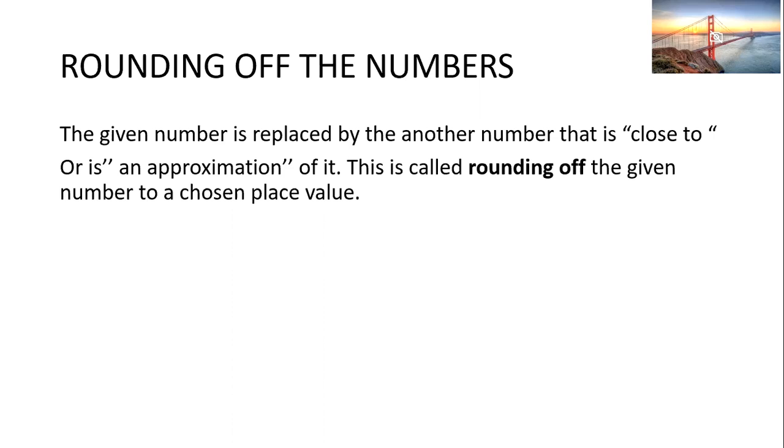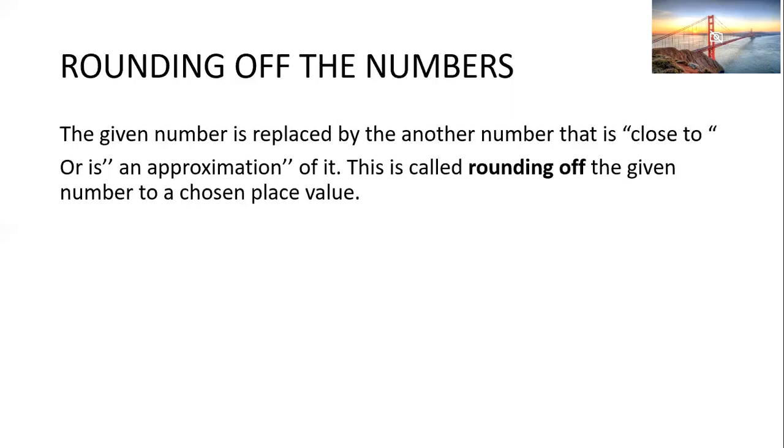Today we will learn about rounding of numbers. Rounding a number means finding a closer value or an approximation of the given number. You just replace the number with a closer value.